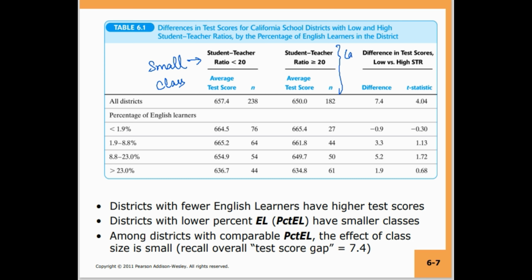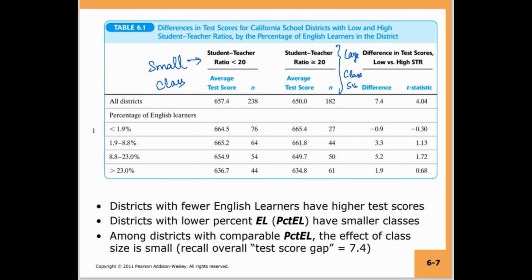Meanwhile, on the rows, the first row talks about all districts, but below that the school districts have been categorized in terms of the number of English learners in that particular school district.